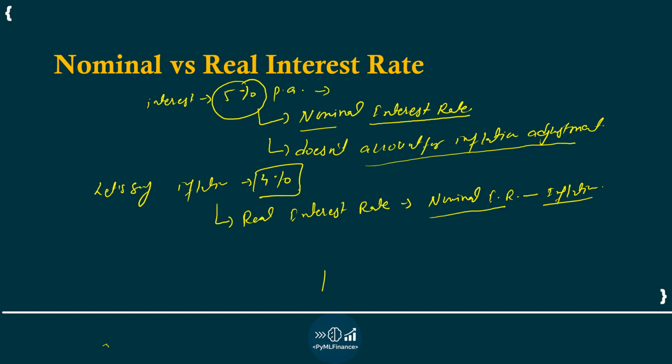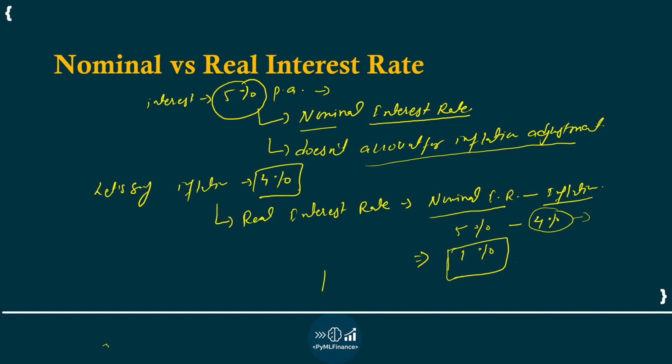So if the nominal interest rate that you earned on your deposit is 5% and the inflation in the country was 4%, the real interest rate would be 1%. Can you see here, though you had a feeling that you had earned 5%, the overall value of the money decreased in 1 year by 4%. This is due to inflation, and hence the actual value of your money has increased only by 1%.